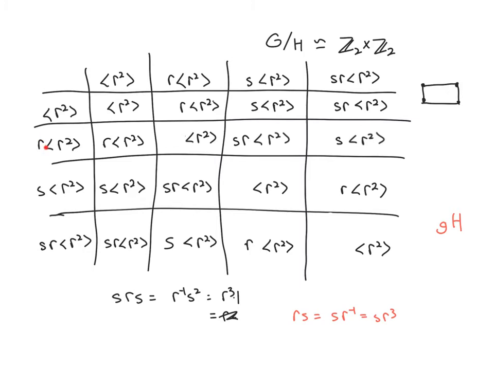So then you have the second row. What happens when you multiply by r? r times the identity is r, r times r is r squared. Since r squared is already in this coset, you just get the identity coset back. r times s is actually rs.